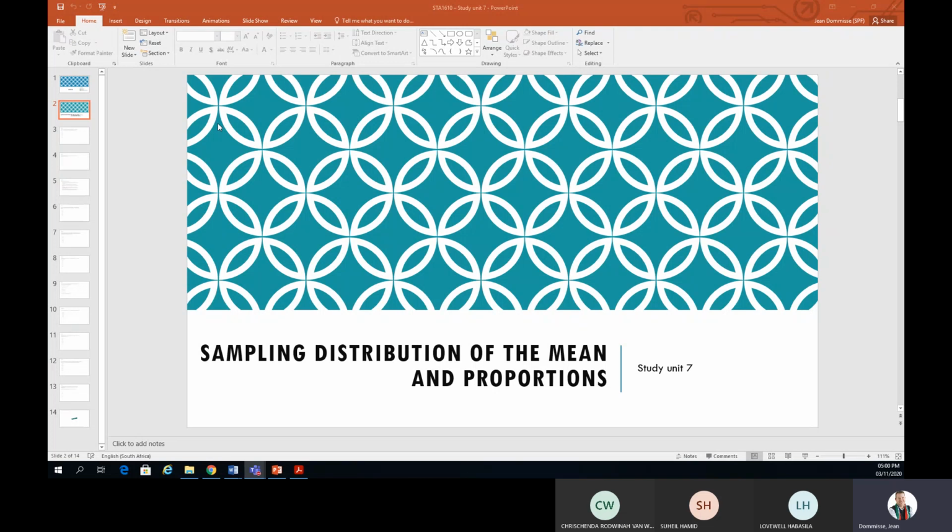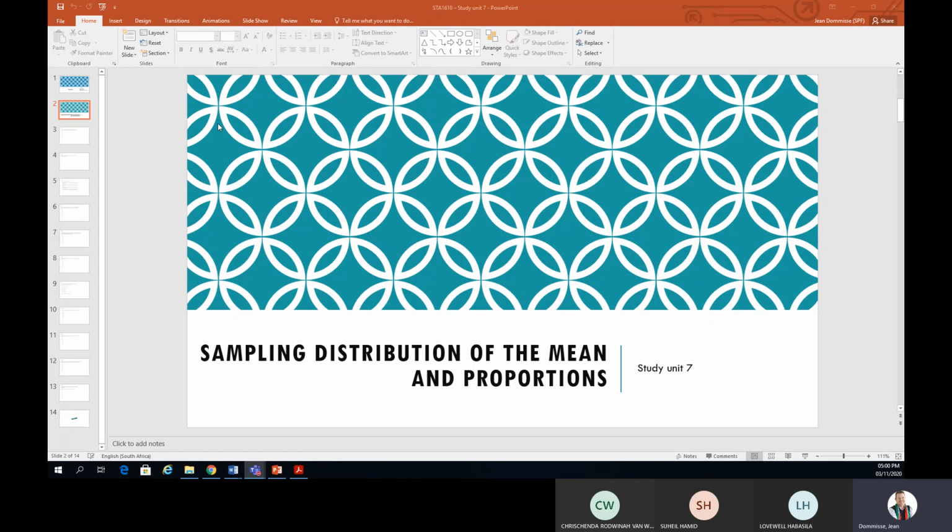When the population standard deviation is known, we will use the Z. When the population standard deviation is unknown, we will use the T value. So that is on the distribution of the mean. For the proportions, we will always use the Z table.